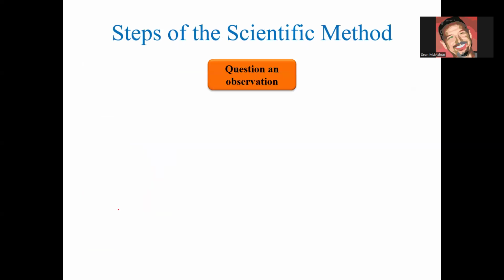So typically, what are the steps of the scientific method? Whether you're a philosopher or a scientist, because they're pretty much the same. You're seeking truth. You're trying to understand. But one thing is you're going to question something you observe in nature. Maybe when you observe something, you might try to explain it, right? So you construct a hypothesis.